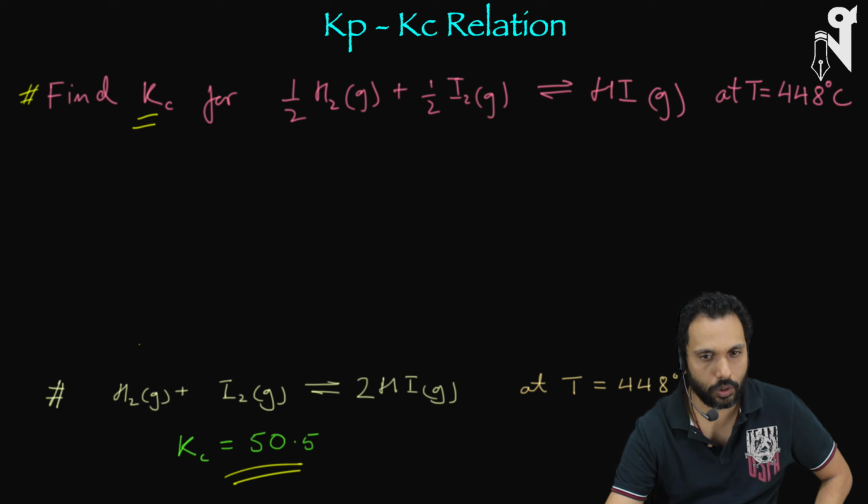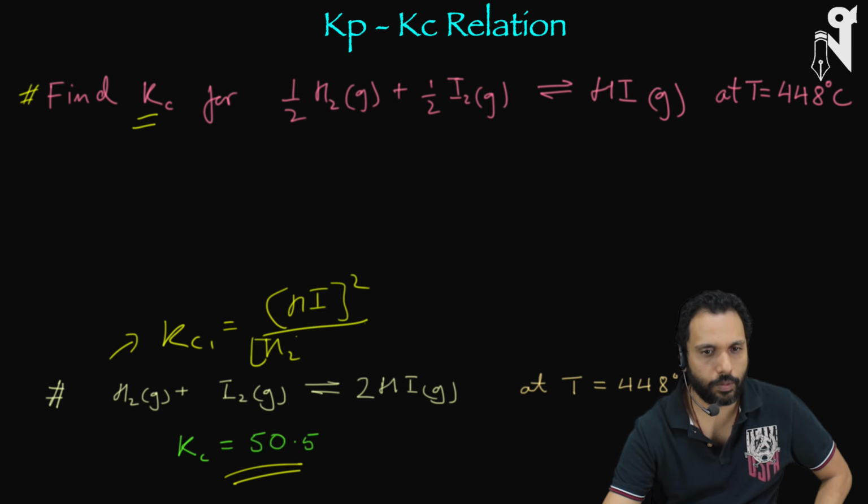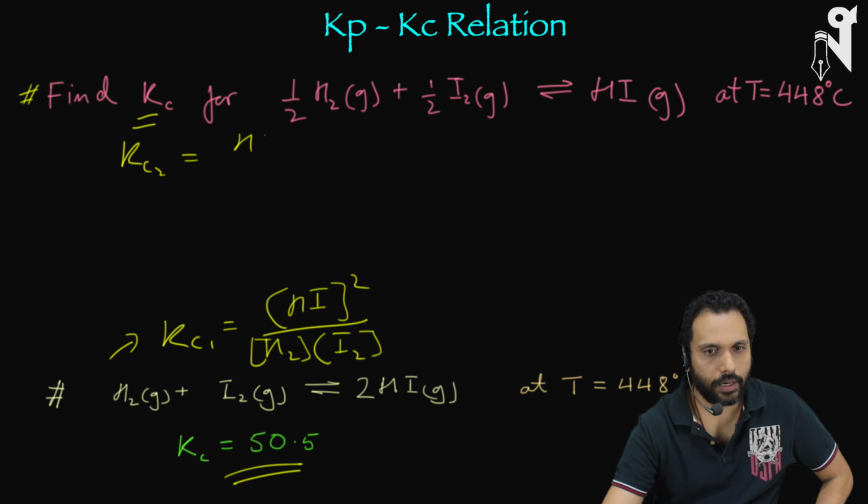Your Kc1 was [HI] square divided by [H2] and [I2] concentration, power 1, power 1. Here your Kc2 for this reaction would be [HI] power 1 divided by [H2] power half and [I2] power half.